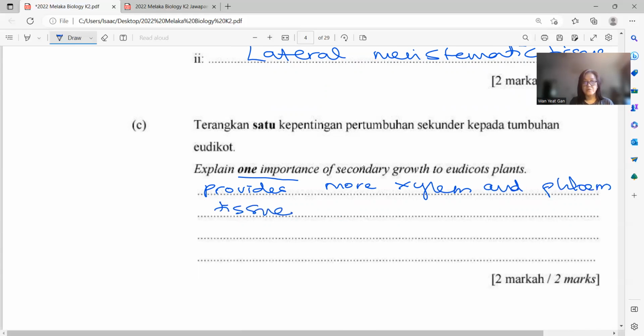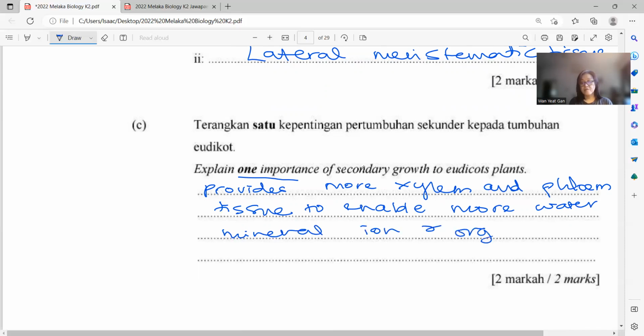Okay, this is to enable more water, mineral ions, and organic substances to be transported.